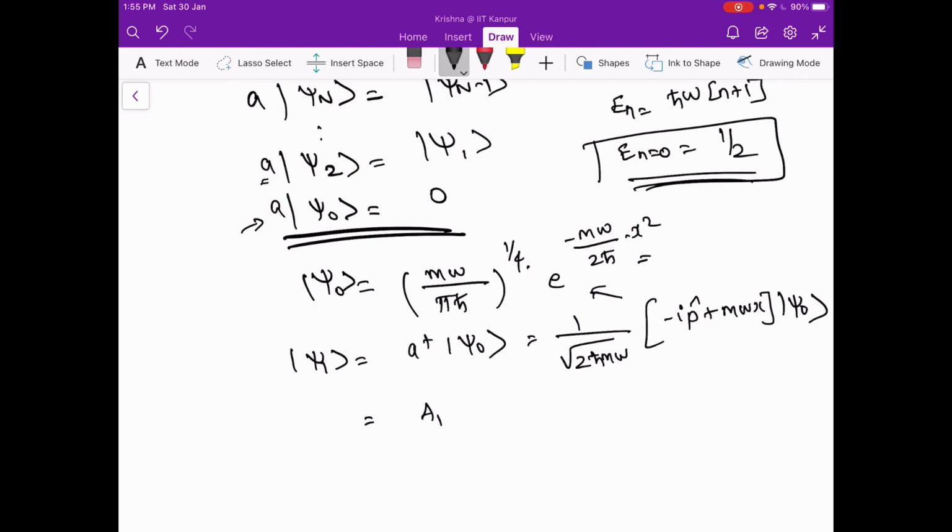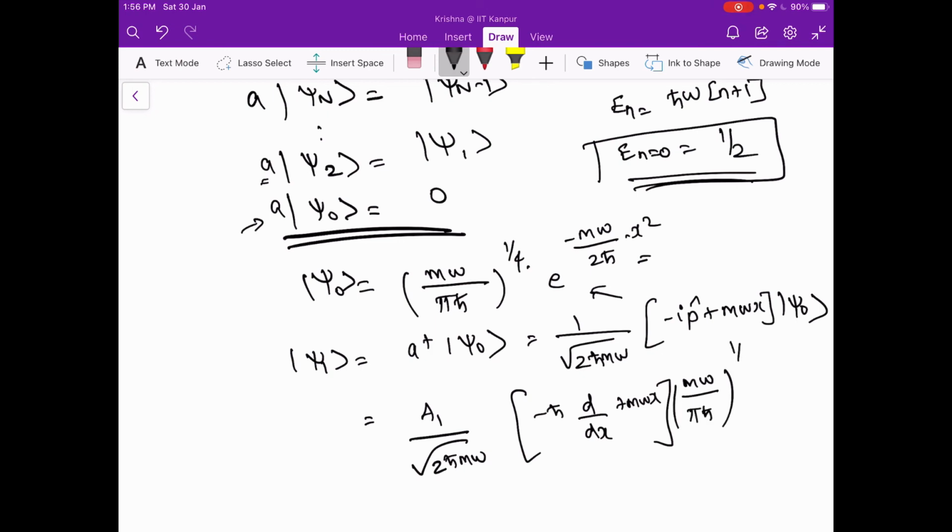We write it A1 by root 2 h cross m omega, minus h bar d by dx, this is p hat, plus m omega x acting on m omega by pi h bar power 1 by 4 e power minus m omega by 2 h bar x square, right?